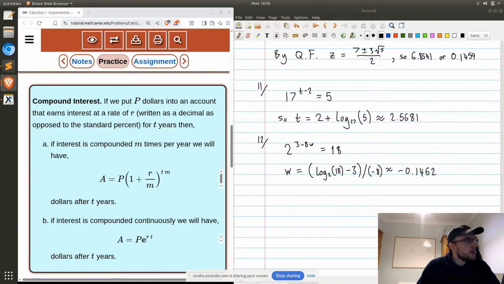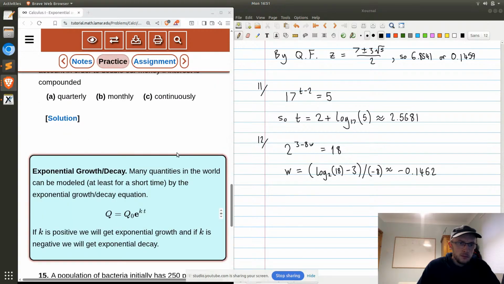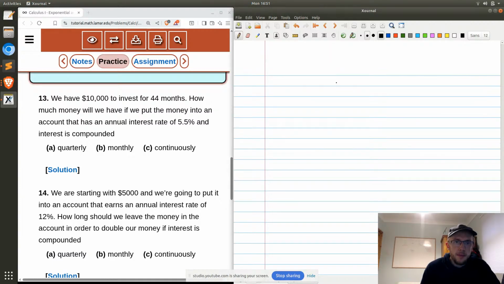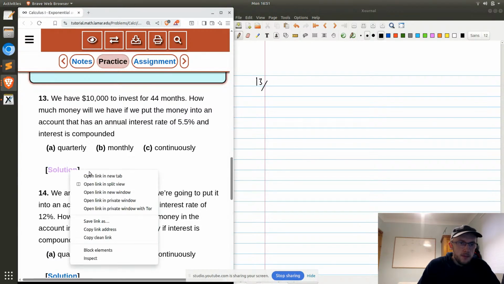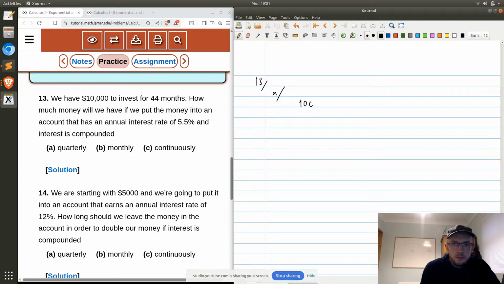And now, compound interest. These 14 problems to solve. 13 and 14 to solve. The principle.